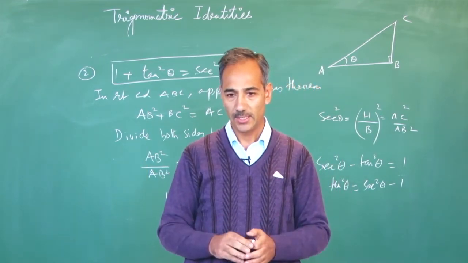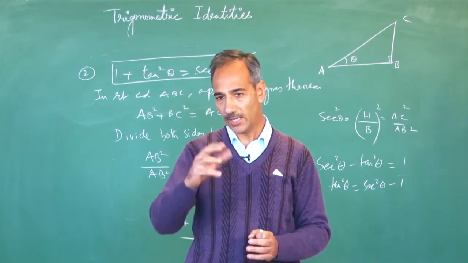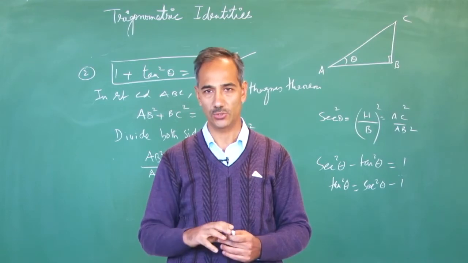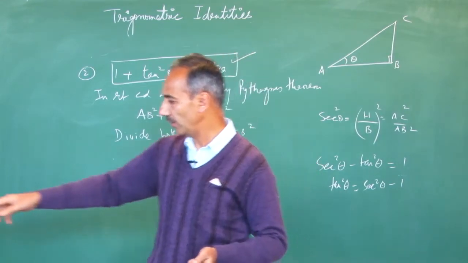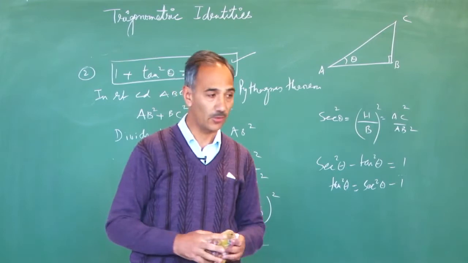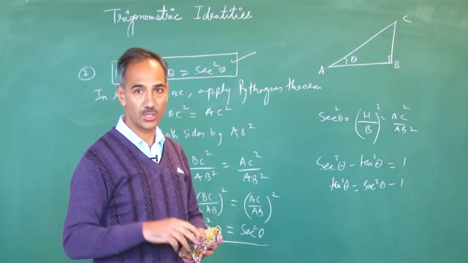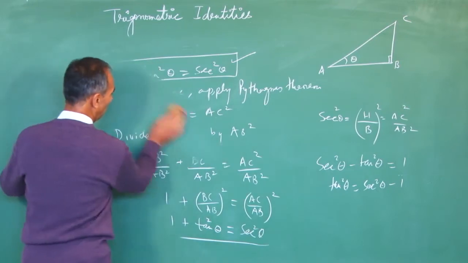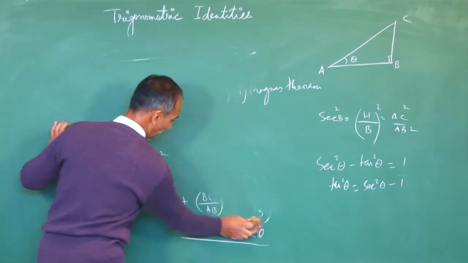I repeat, in trigonometry, any of the T ratios could be expressed in terms of a single T ratio. So let's see how we are going to do that. We'll be taking help of these identities as well as the reciprocal results to do what we are asked to do.